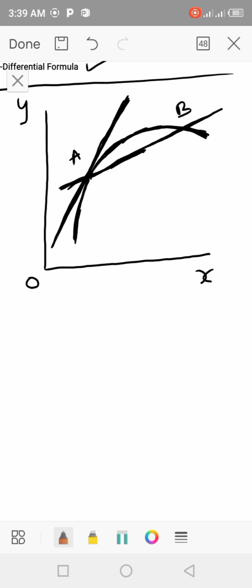So we trace point A down, we have x1, which is the initial x, and the second x2, which is the final x.